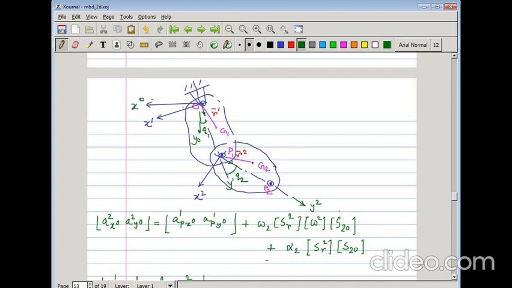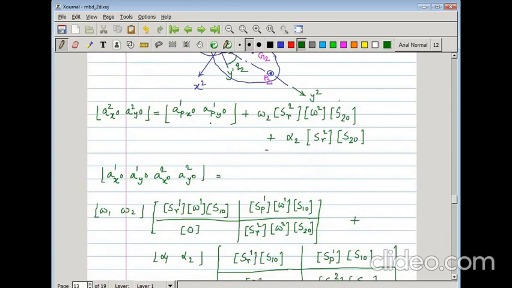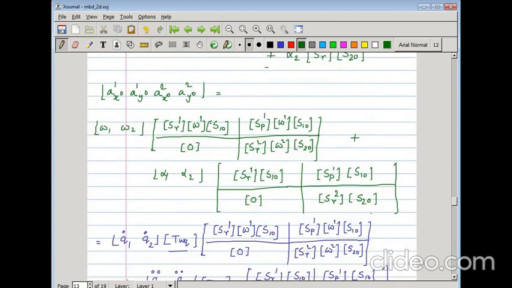Yes, and then as we have mentioned that these are center of mass acceleration components, x0 component and y0 component of body 1, and x0 component and y0 component for body 2. So these 2 you will get when you multiply omega 1 with this and omega 2 with this, which is 0.